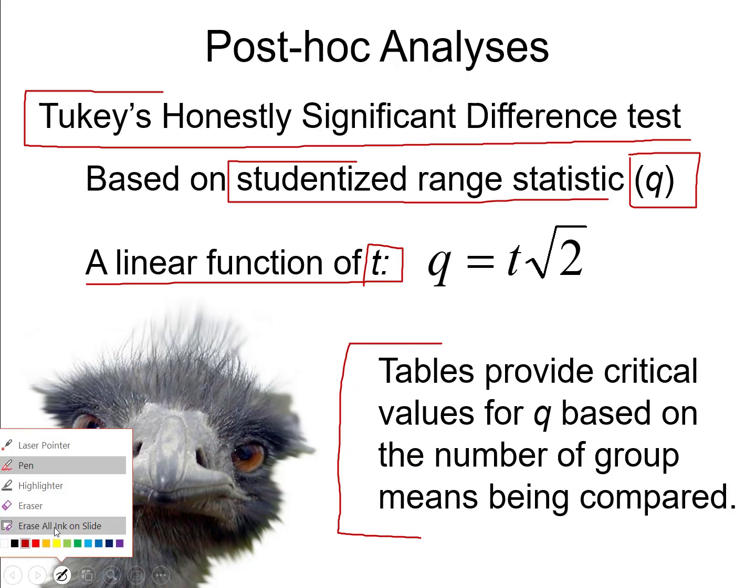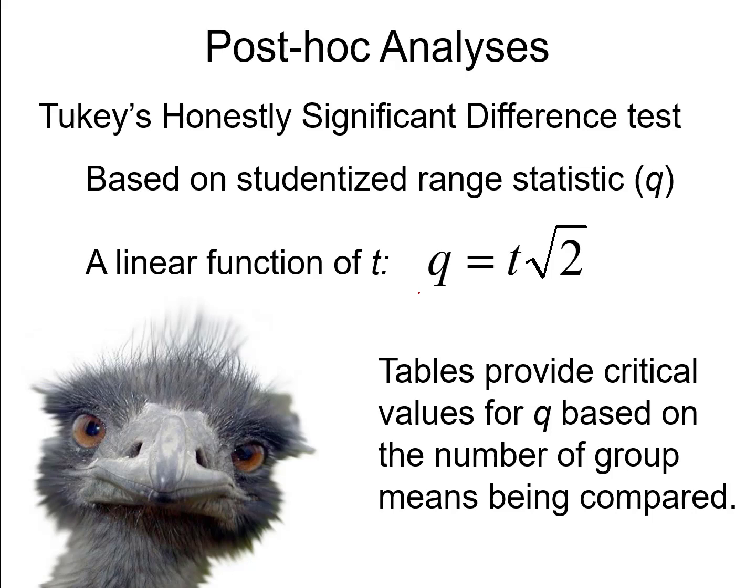To calculate this Q statistic, Q is simply a linear function of t. If we do a study and we calculate a t value, we multiply it by the square root of 2, and that gives us Q. I'm not sure how much mathematical benefit there is to having a separate statistic called Q if it's simply a t value multiplied by the square root of 2.